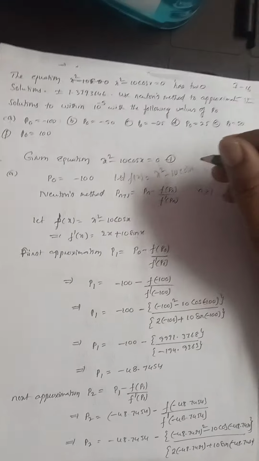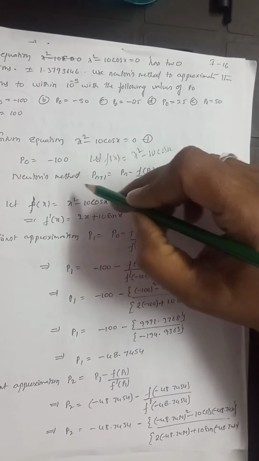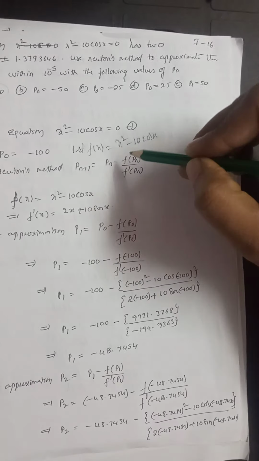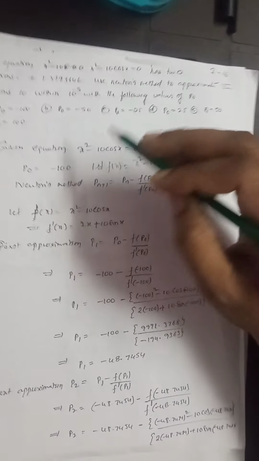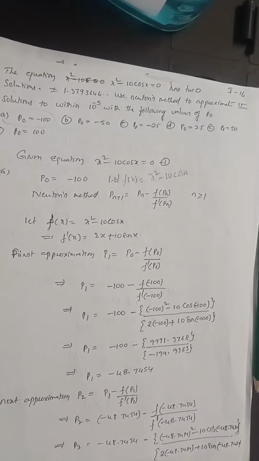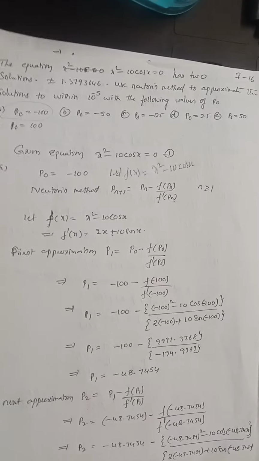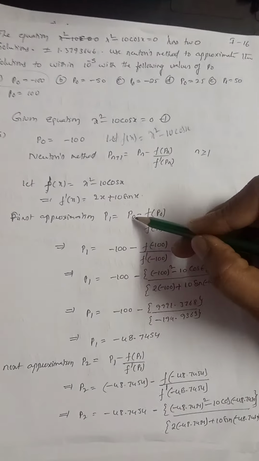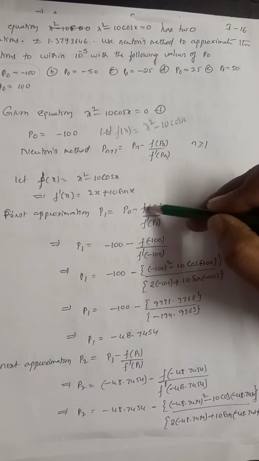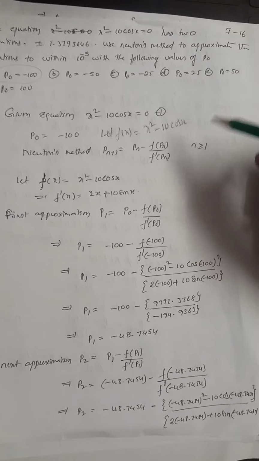What is the Newton's iterative formula? Newton's iterative method is p n plus 1 is equal to p n minus f of p n by f dash of p n. Right? Now we know initial approximate root as minus 100. To get the better approximation, that p1 value is given by p1 is equal to p naught minus f of p naught by f dash of p naught.